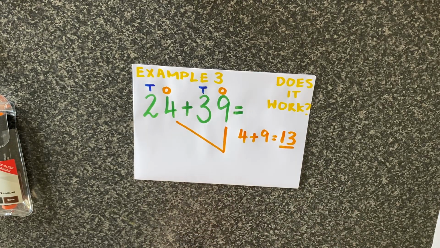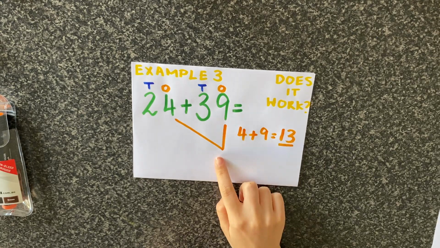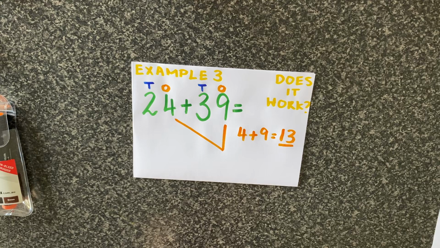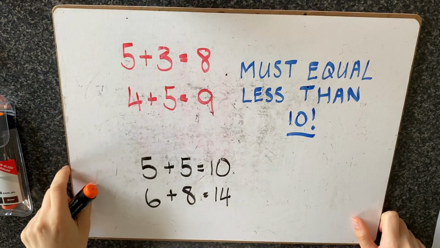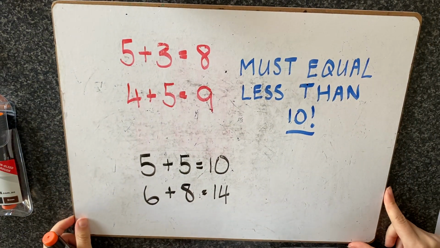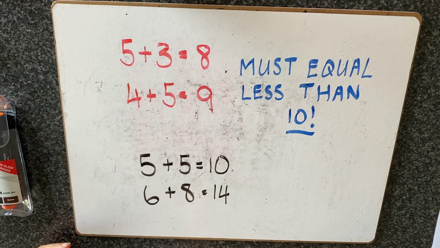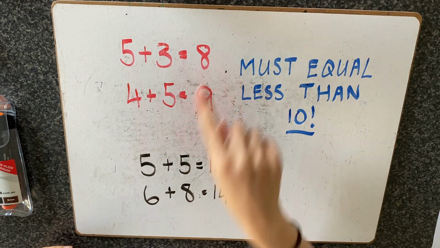When we're doing the split strategy, we can't put a number down if it equals 10 or more. So when we're using the split strategy, we can only use numbers that equal less than 10. For example, if I was to use 5 plus 3 equals 8, that's fine because it equals less than 10.